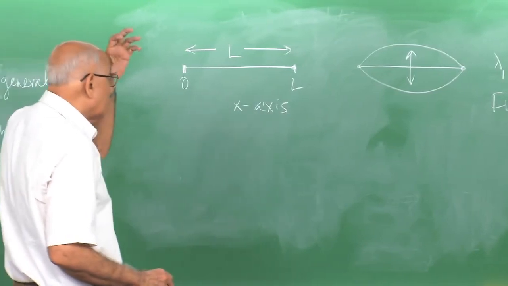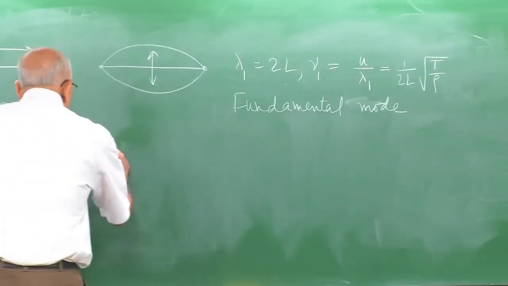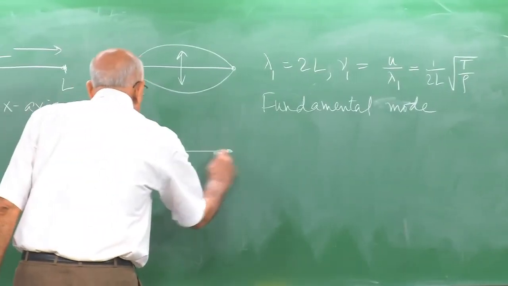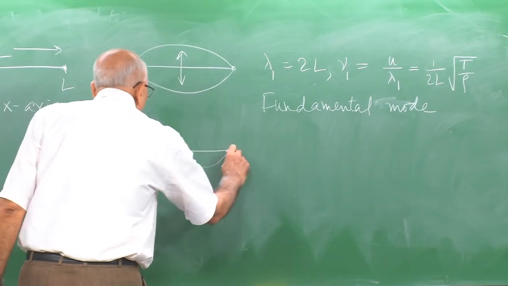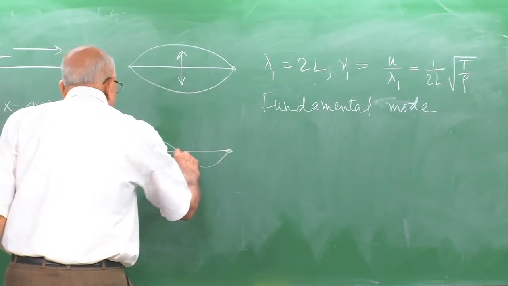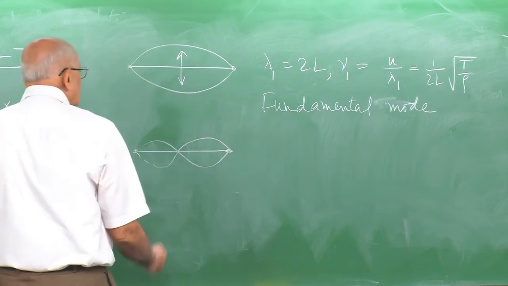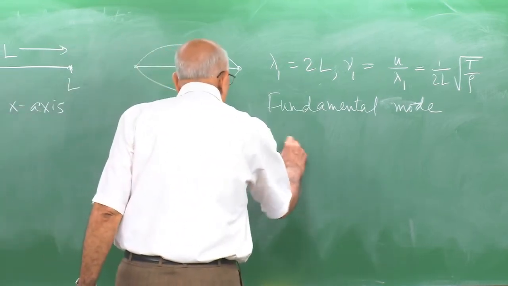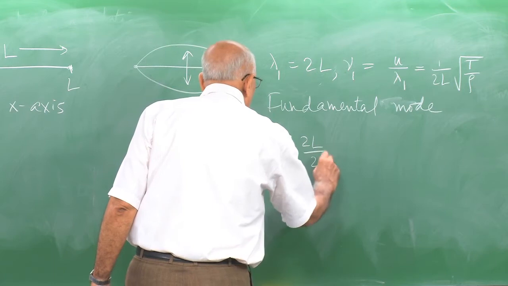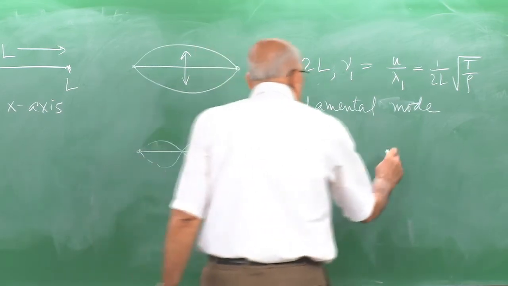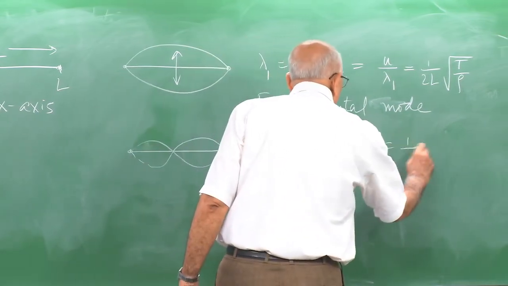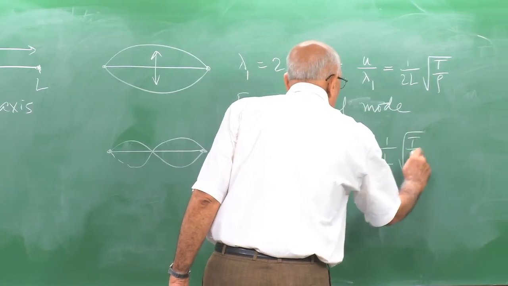Well, the next oscillation that is possible has a geometry like this. Here is a full wavelength, and then at the other end of the oscillation it looks like this. So, here lambda 2 equals 2L over 2, which is equal to L itself, and nu 2 equals 1 over L root T over rho.